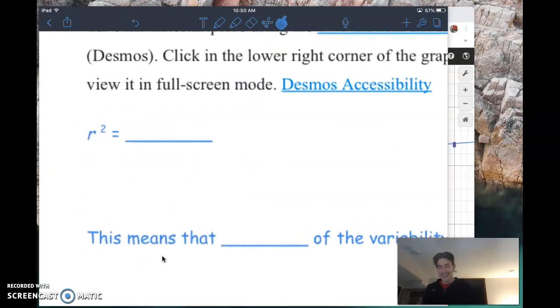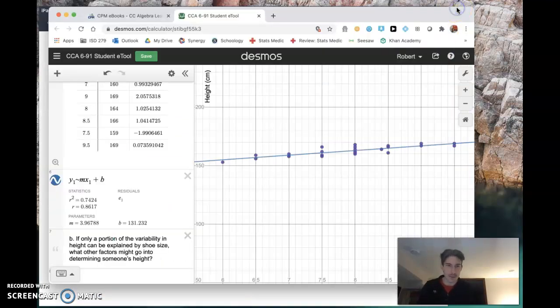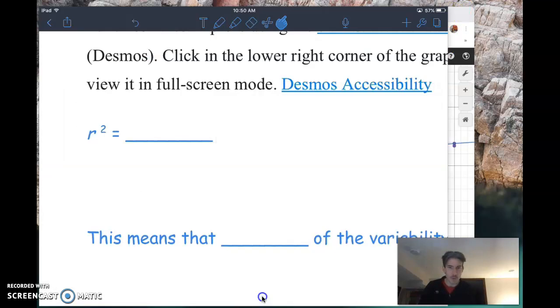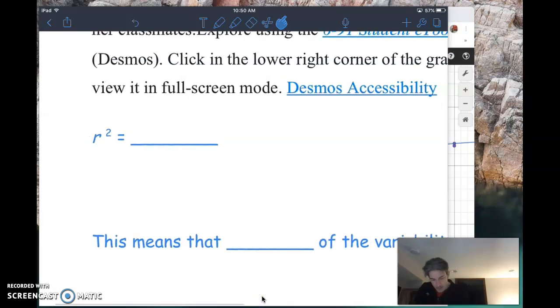First and foremost, copy this R squared value as a decimal. And I already forgot what it was. It was 0.7424. Notice that is the R squared value, not the R value. They are definitely related. One is just the square of the other, or one is the square root of the other, depending on which direction you're going, but they are not the same thing.